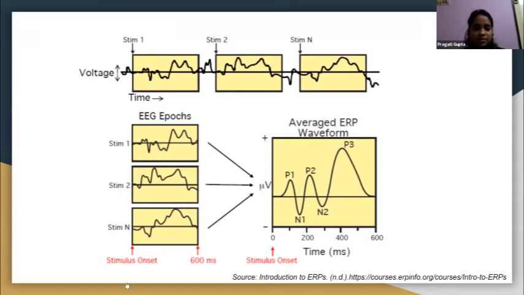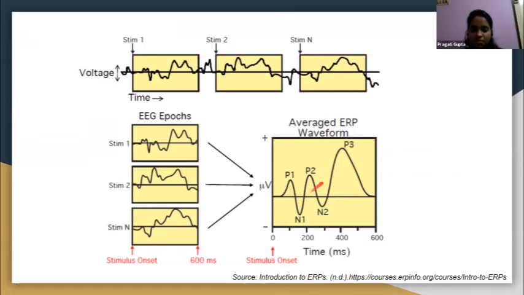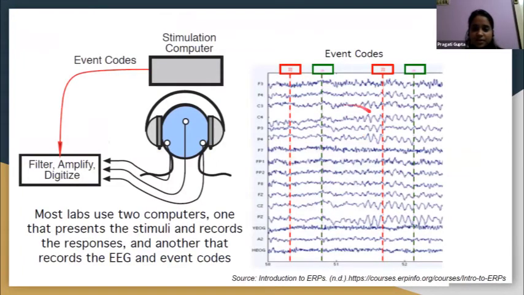These are the stimulus onset, and they show the latency. In the x-axis we have the time, and in the y-axis the voltage in microvolts. We see the early and the late components. These are the EEG, and we see the event codes, the response and the stimulus.